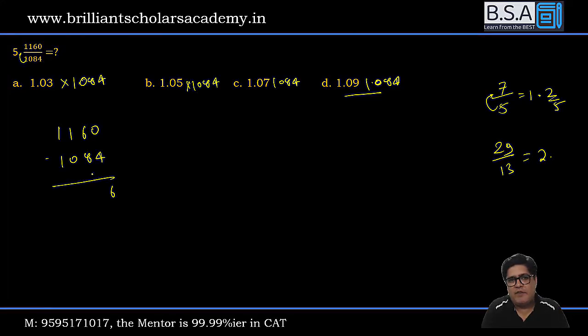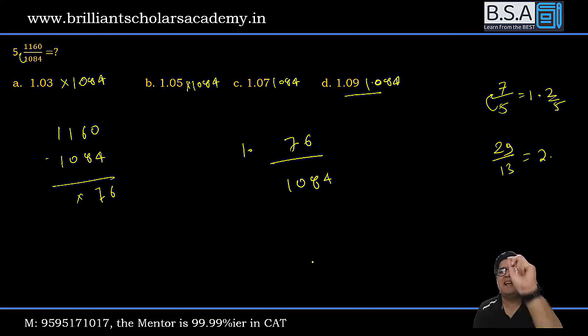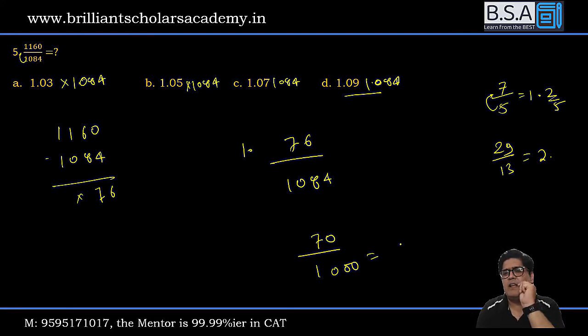This is 15. So 7, 0, 0 cancel. So I can subtract it one time, so it will be 1 point. How much? 76 by 1084. If it was 70 upon 1000, it will be 0.07. It is 76 upon 1084. So approximately speaking, the answer is C.